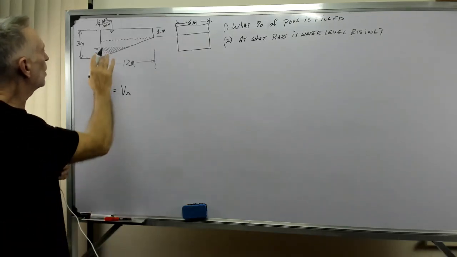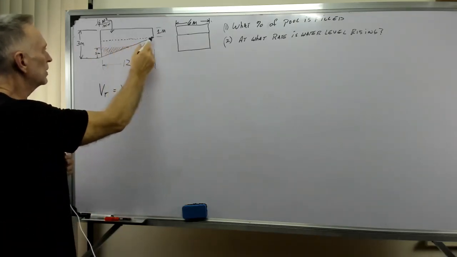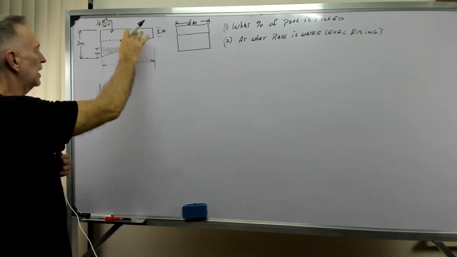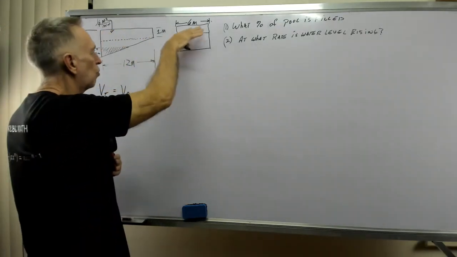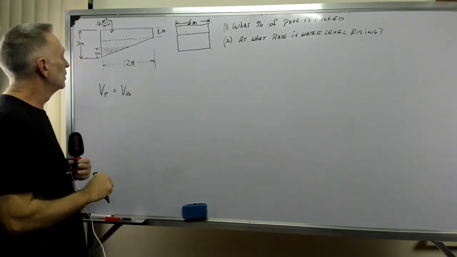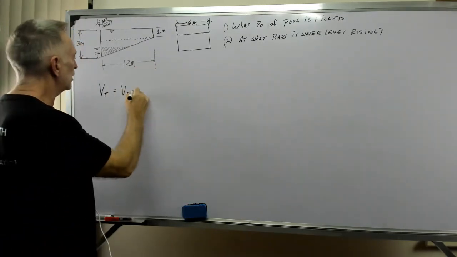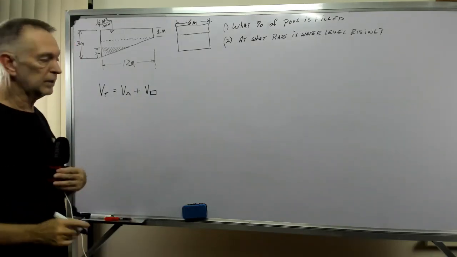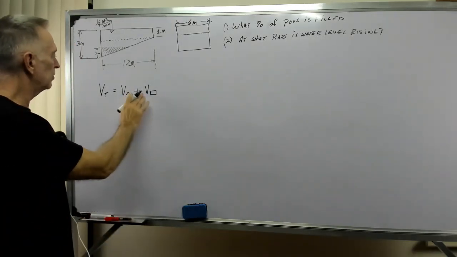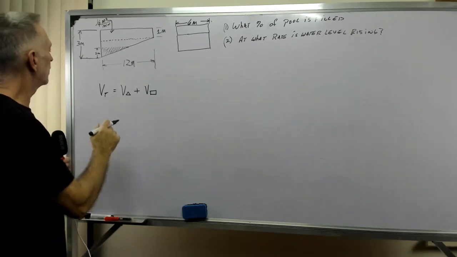I'll get to the water in a moment. If we look at this 1 meter, there's a rectangle that goes across 6 meters. So that's the volume associated with the rectangle. So I have a triangle volume and a rectangle volume.